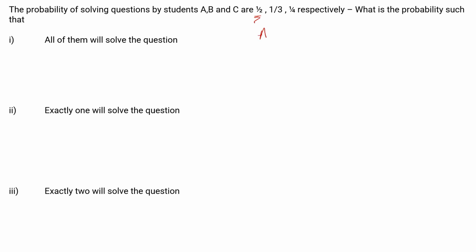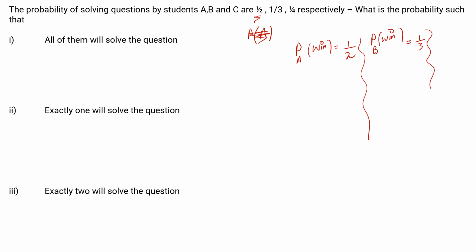The probability of solving by the second student B is 1 by 3. Similarly, the probability of solving by student C is 1 by 4.